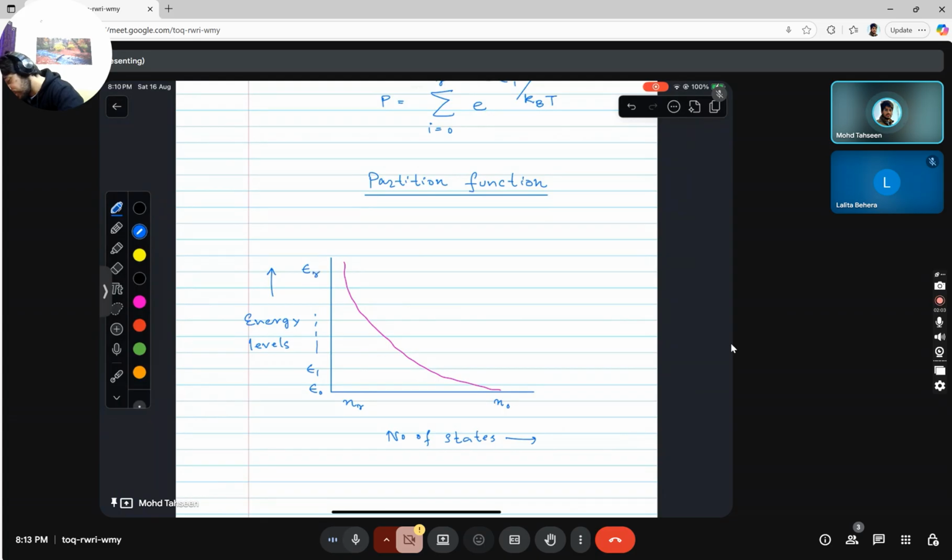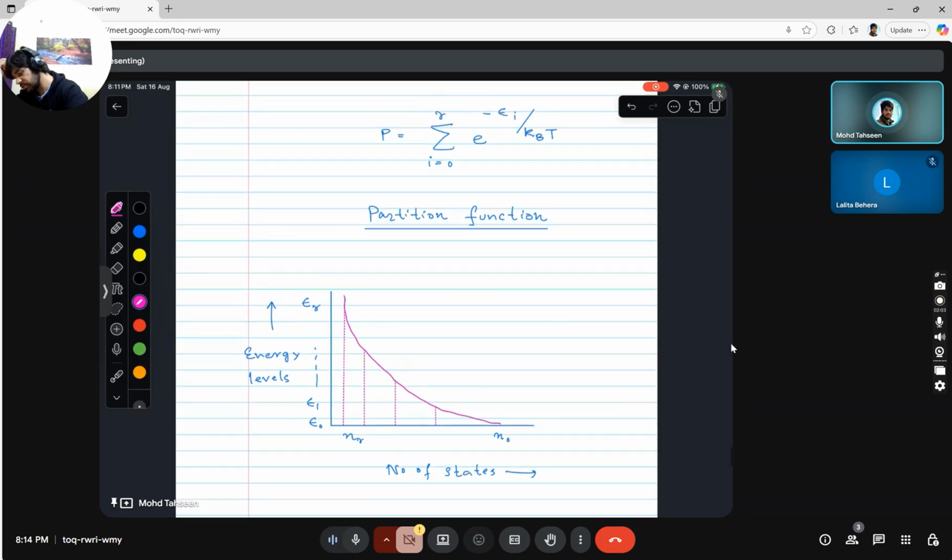Sorry, it should be r here because we had r levels, right? So this is what the distribution of states looks like, and this distribution is valid for a particular temperature T.